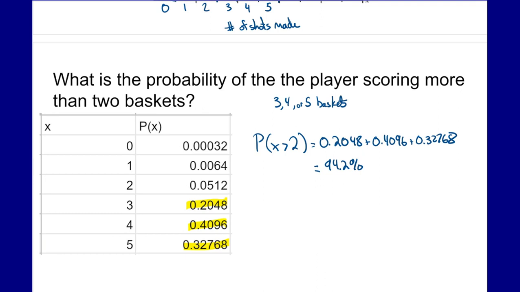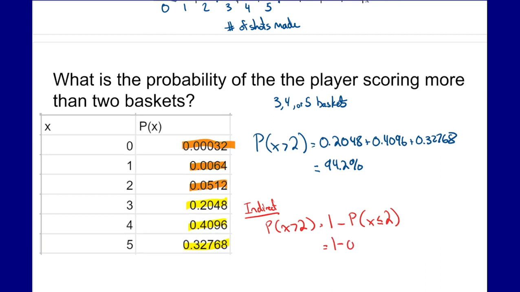Now, similar to other scenarios, we could do the indirect if we really wanted to. So the probability of scoring more than 2 baskets is going to equal 1 minus the probability of scoring less than or equal to 2 baskets. I'll highlight those in a different color. So those are all the other outcomes.